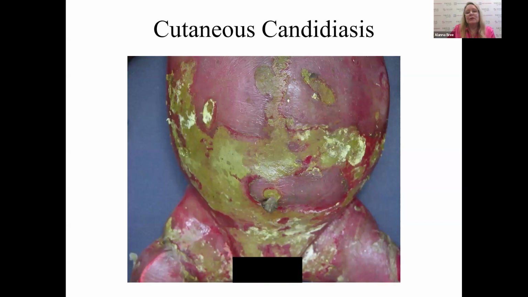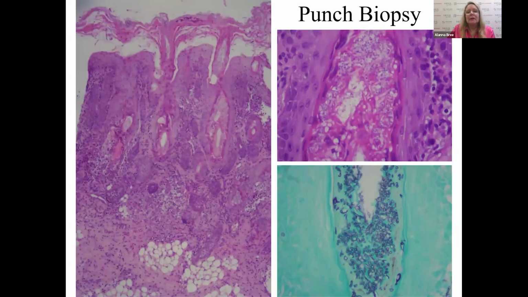And this is what the cutaneous findings were of that sweet baby who did not make it. This was the findings of the punch biopsy here. And you can see that it is quite obvious that it is an infection.